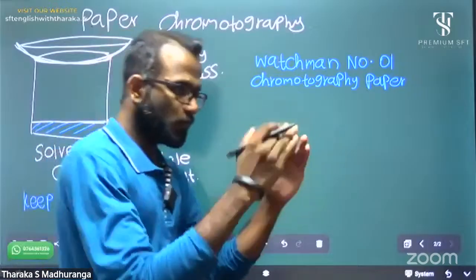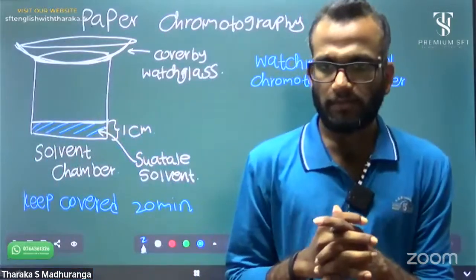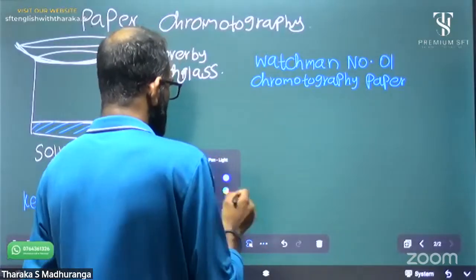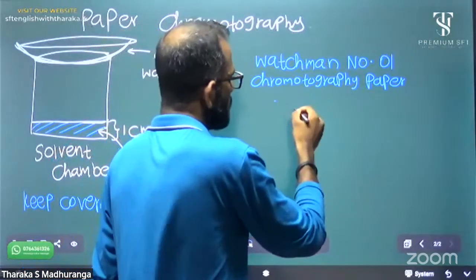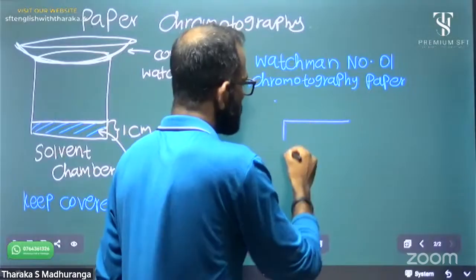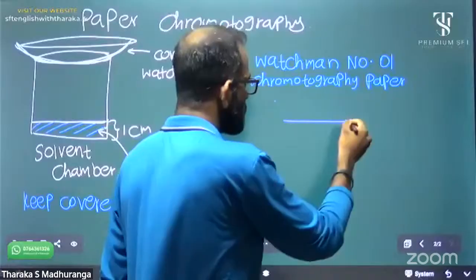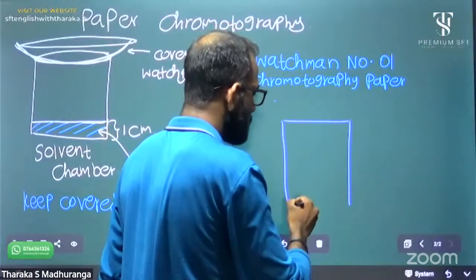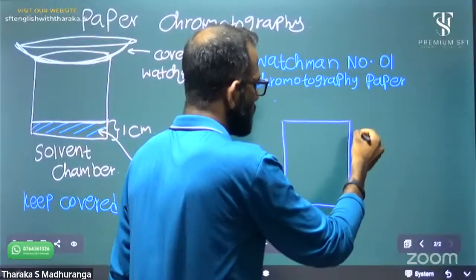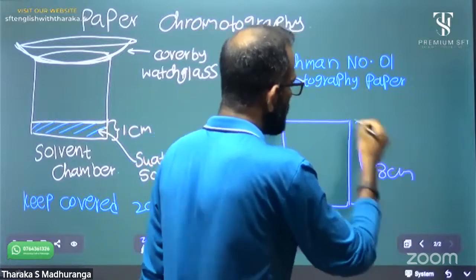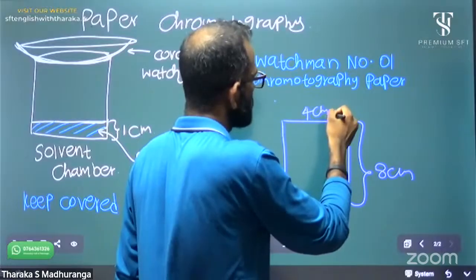Okay, we have to get Whatman number 1 chromatography paper. Its dimensions are very important: 8 into 4, 8 centimeter height and 4 centimeter width.